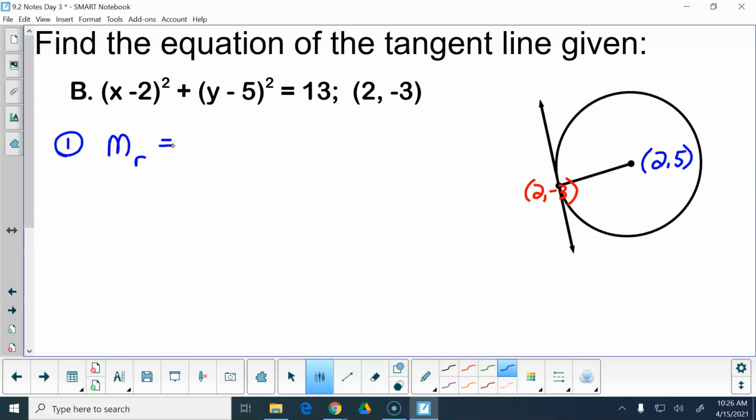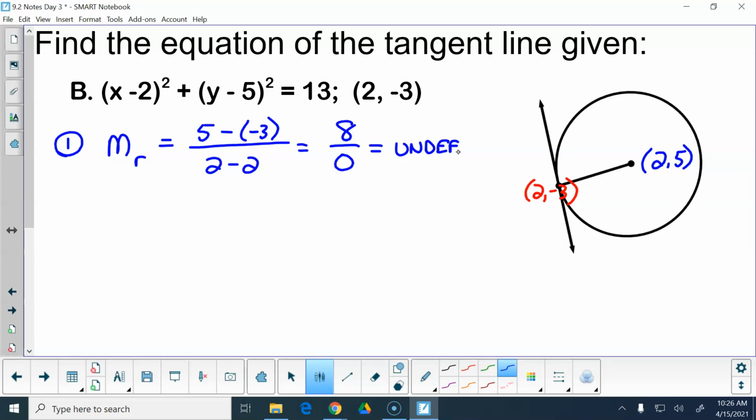So that's going to be rise 5 minus negative 3 over run 2 minus 2. That gives me 8 over 0, which is undefined.